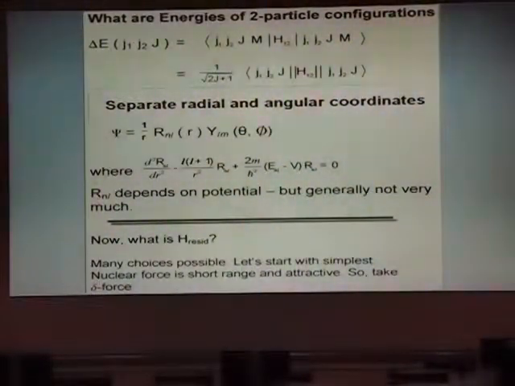The radial equation has no effect whatsoever. It's just equivalent to a change in scale. Everything depends on the angles. And we're not going to solve this. We're going to make physical arguments and get the result. But first we have to decide what H12 is. What is this residual interaction between 2 particles?